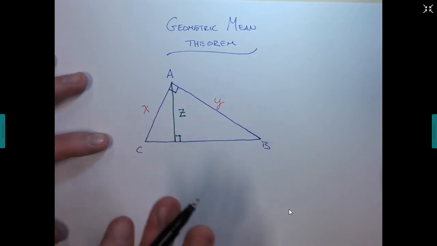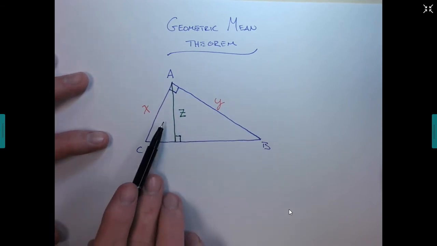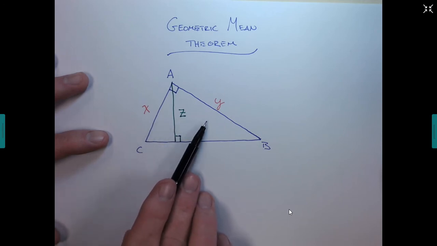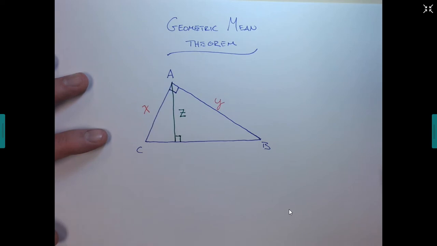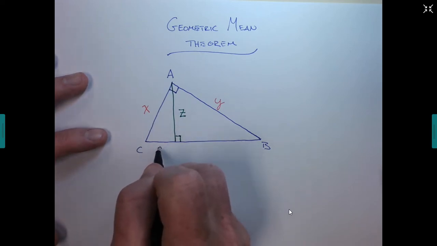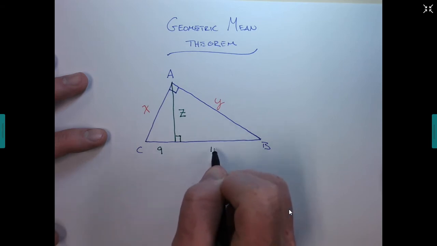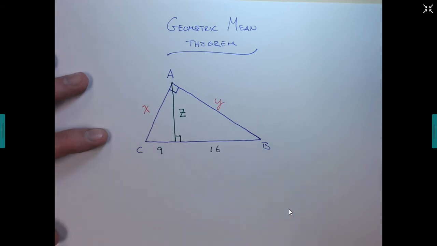Well, I had one triangle. Technically now I have 3. I got the small one on the left, the little bit bigger one on the right, and then the original one, which was bigger than those 2. I'm going to come up with a couple of numbers, 9 and 16. The geometric mean theorem says there's actually 3 of those geometric mean proportions hiding in there.